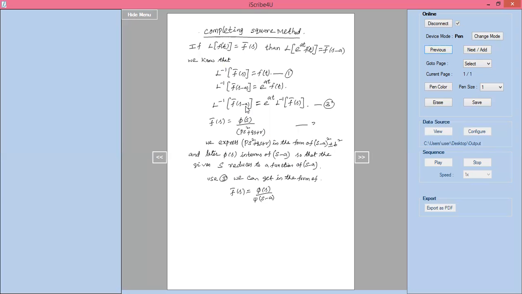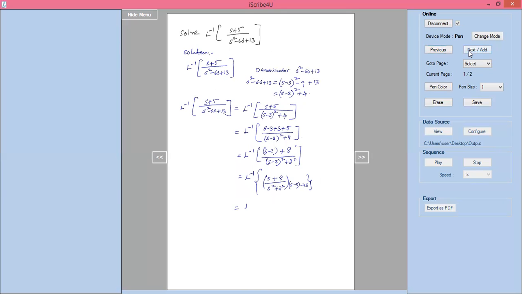A is nothing but 3. So this should be e power 3t into L inverse of (s plus 8) divided by (s square plus 2 square). Now I can write this as e power 3t into L inverse of s divided by (s square plus 2 square), plus 8 times L inverse of 1 divided by (s square plus 2 square).